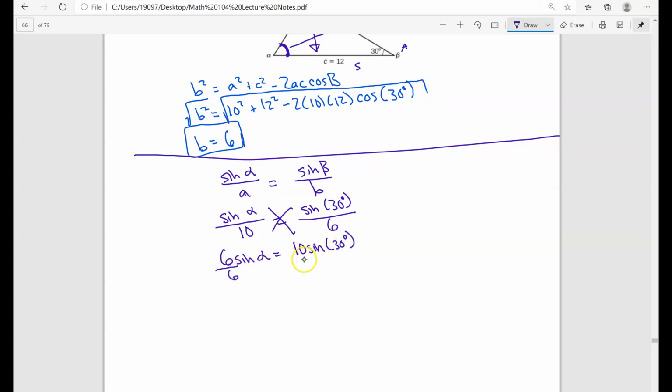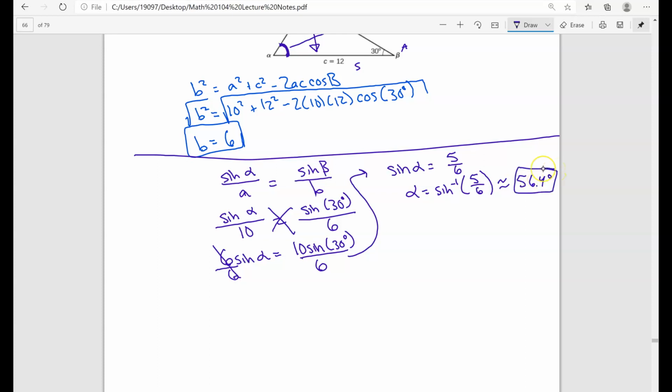So I'm going to divide by 6. Sine alpha is equal to 10 sine of 30 degrees divided by 6, and I'm going to get about 5/6. Then I'm going to take sine inverse of 5/6, which gives me about 56.4 degrees.